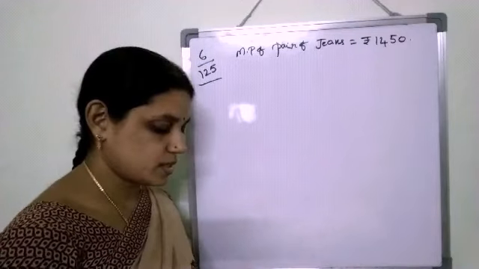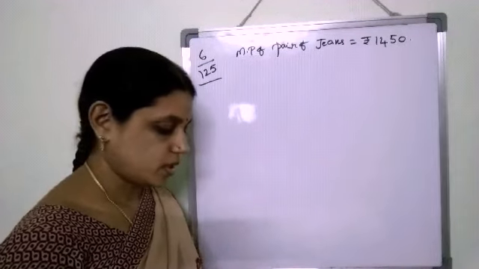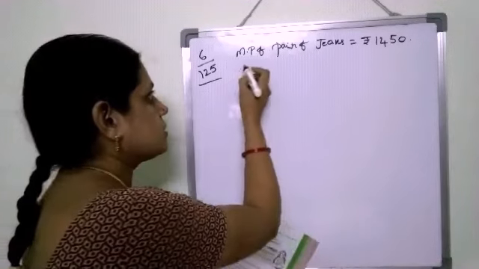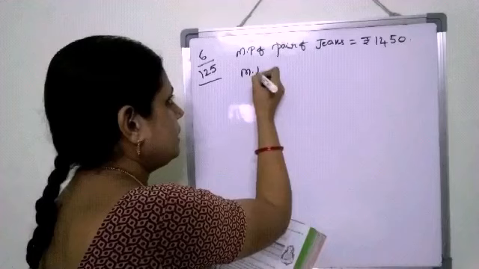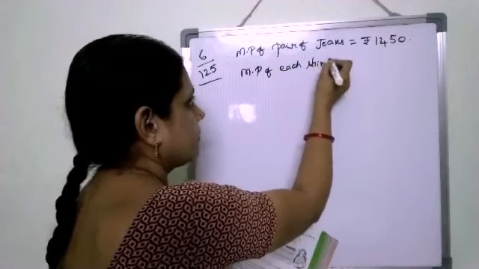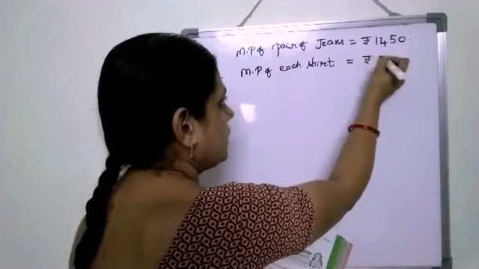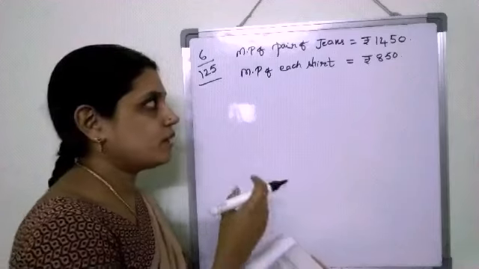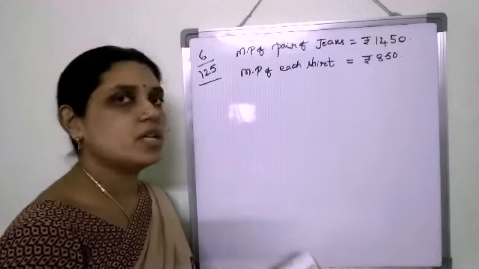Next, two shirts the customer bought, marked at 850 rupees each. So MP of each shirt equal to 850 rupees. But actually what are the three items he bought? One pair of jeans and two shirts.